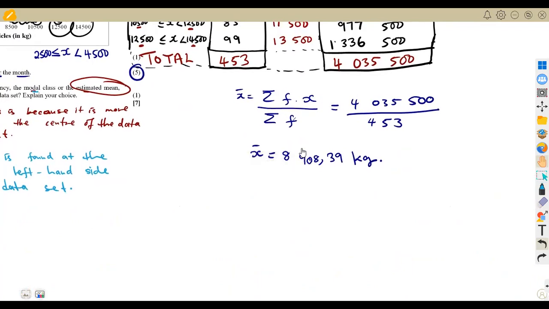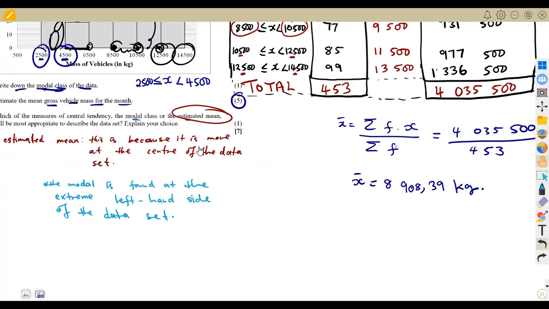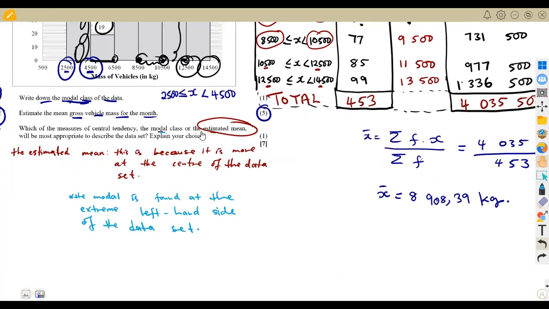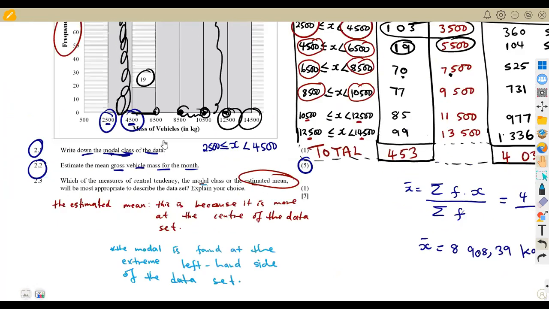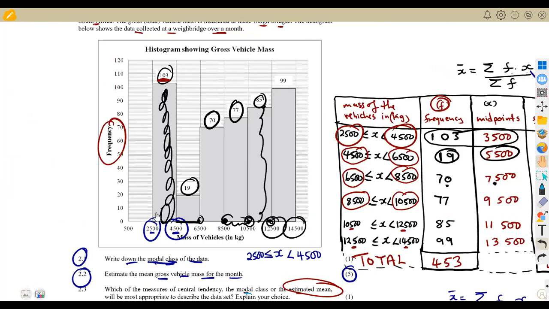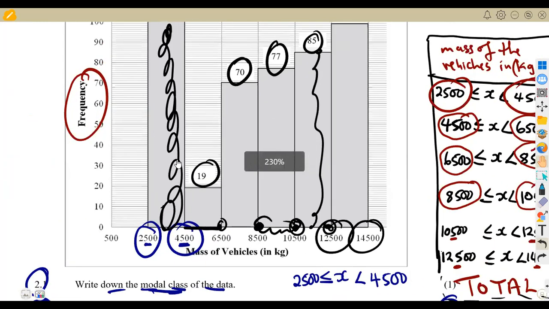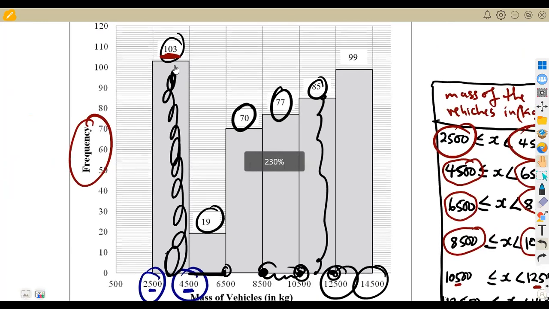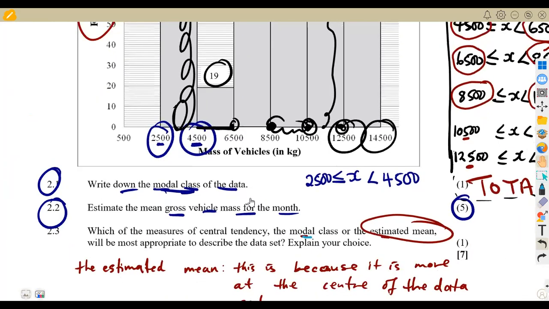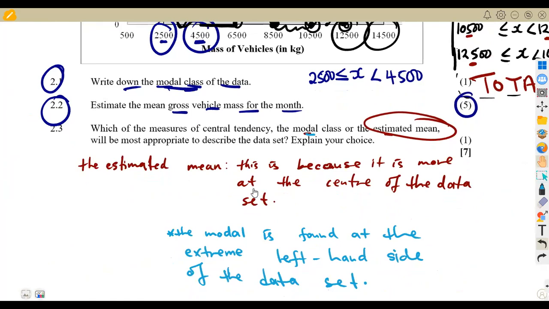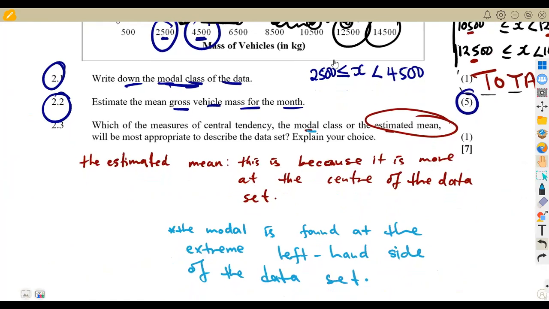Whereas where we have the modal class, we had it between 2,500 and 4,500 at the beginning of the class. That's where we have it at the far left. So it cannot be best to describe the data. So the best to describe is the estimated mean. So this is the reason that you're going to get 1 mark for that.